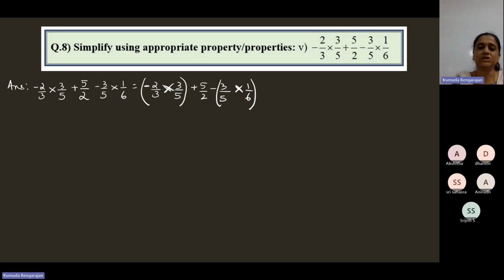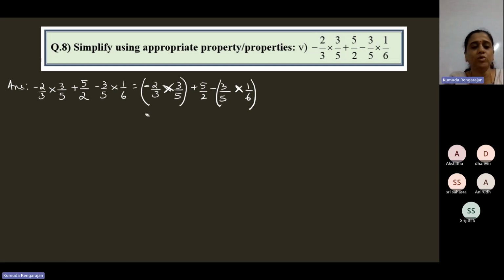Where there is multiplication, we have used simple brackets because we need to simplify that first. Is this understood, all of you online? Yes, ma'am. Okay. Mom, can you repeat it again?